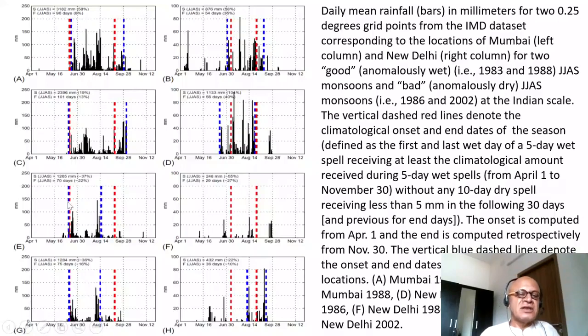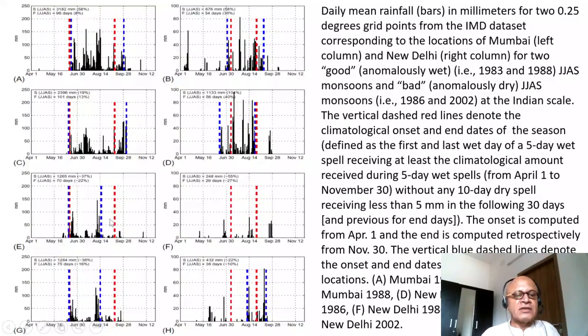So you can see that in Mumbai the wet and dry years have similar onset days, hardly any difference, whereas the wet years seem to have a later withdrawal here in blue, for example, compared to the climatological mean. The withdrawal was much later in 1983 and 1988.